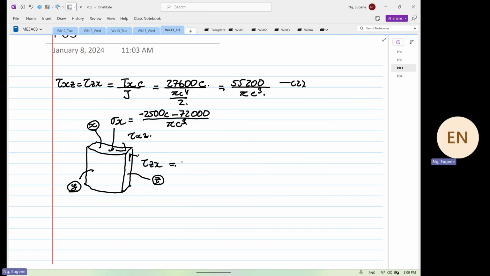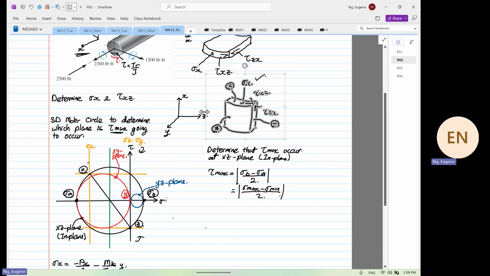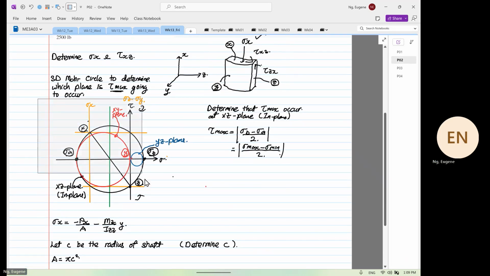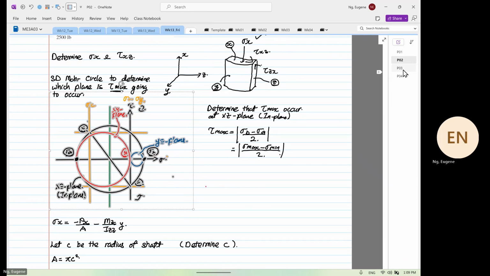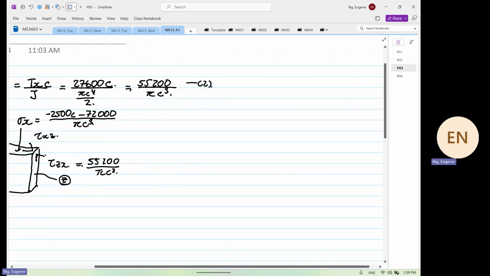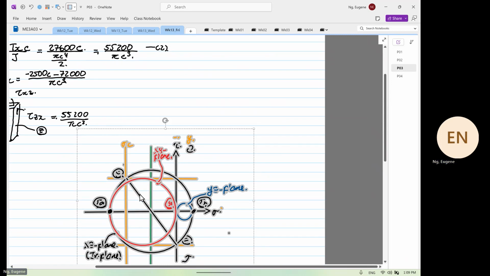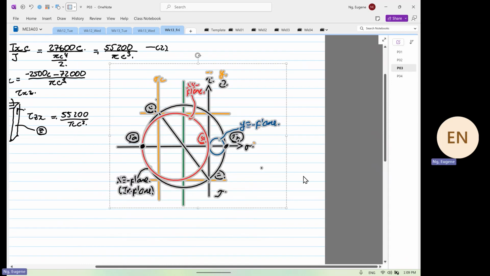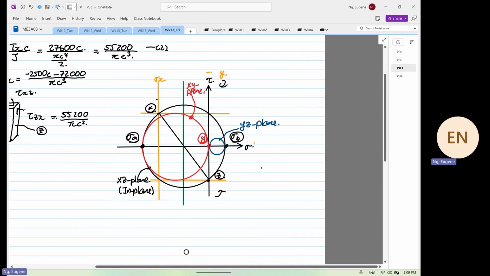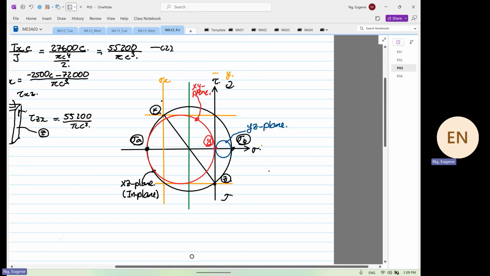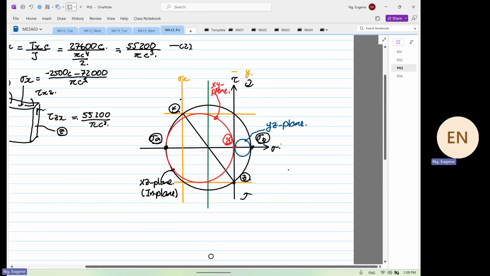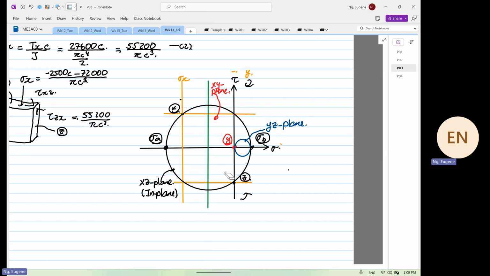And then our shear is equal to 55200 over pi c cubed. Okay. So because we have constructed our 3D Mohr circle, the most important circle is on the what? Exact plane. Okay. So we can get rid of the rest.